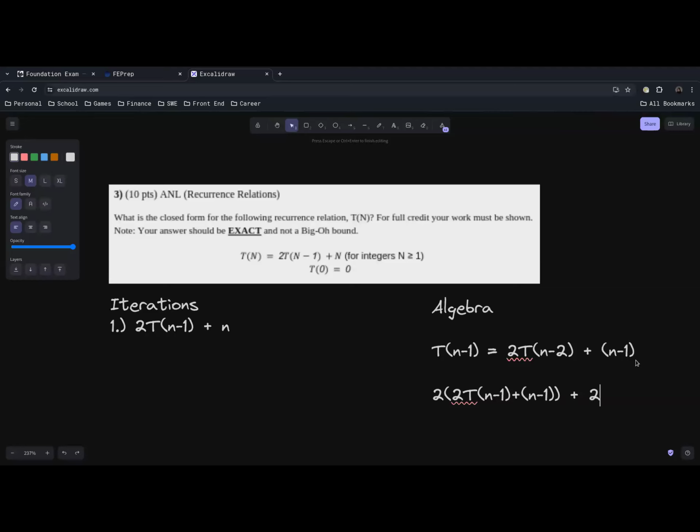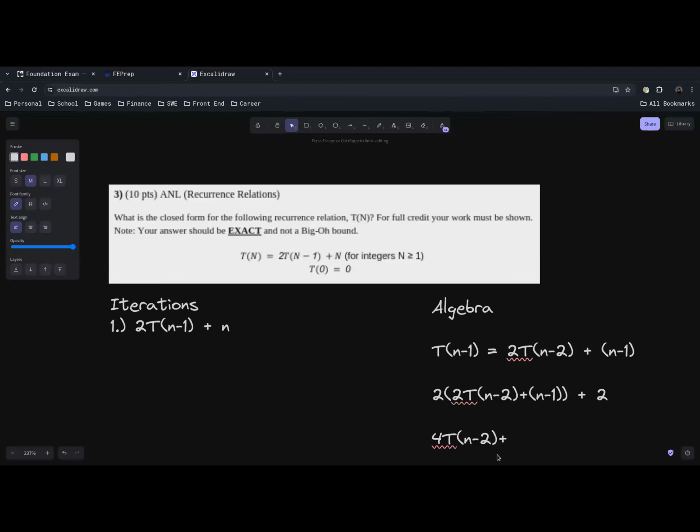Y'all can see how that works. Everyone's got a good idea of what's going on there, right? Then we distribute. So we're going to do 4T(n-2)... so sorry, someone caught me. Could we put n-1? Yep, so n-2.